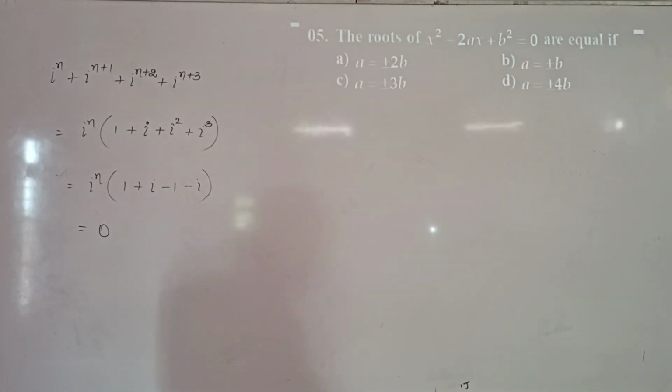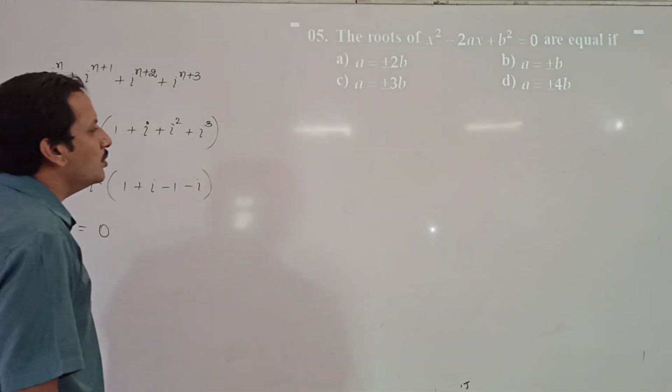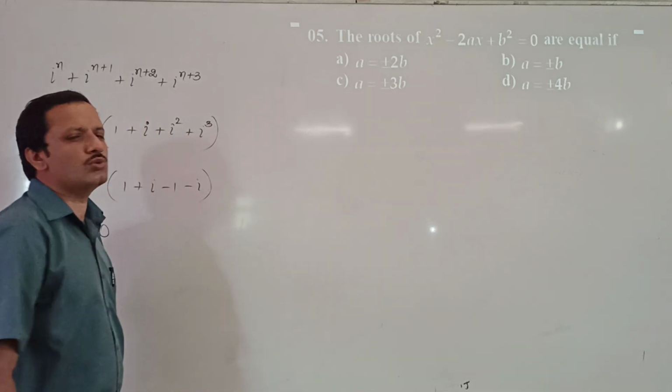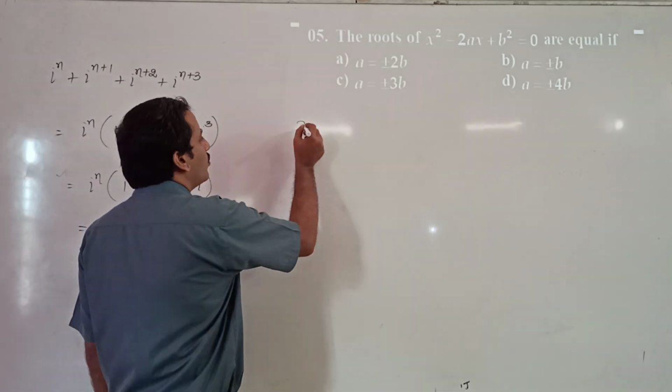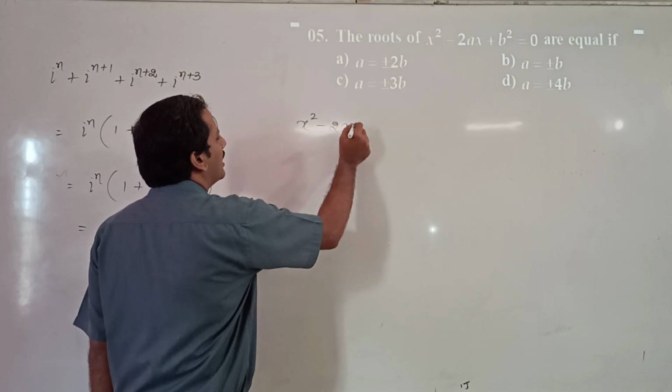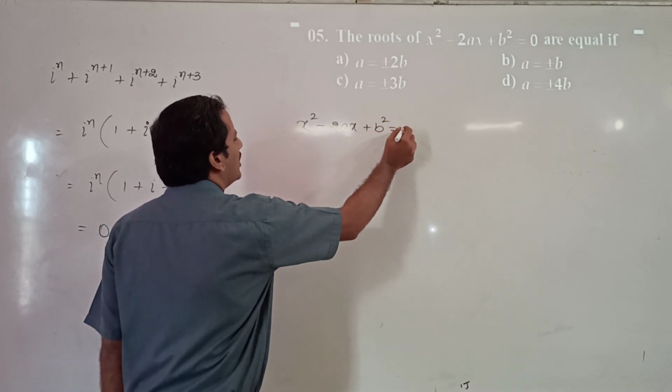First option. Then, question 5. The roots of x square minus 2ax plus b square equal to 0 are equal. If roots are equal, when the roots are real and equal, the discriminant must be equal to 0.